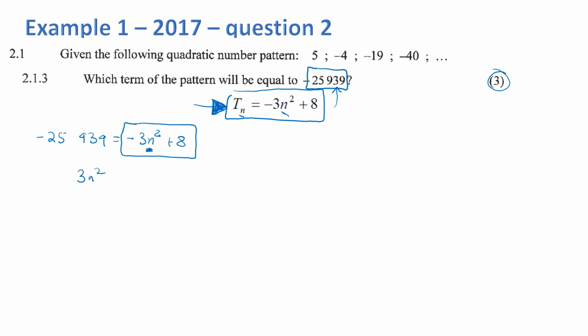3n squared, so I just took it over. I have equals 8 plus 25,939. Okay.